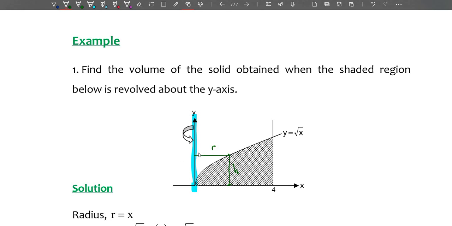As you can see, the radius here is actually parallel to the x-axis, and the height here is vertical. For the cylindrical shell method, please refer to the height.